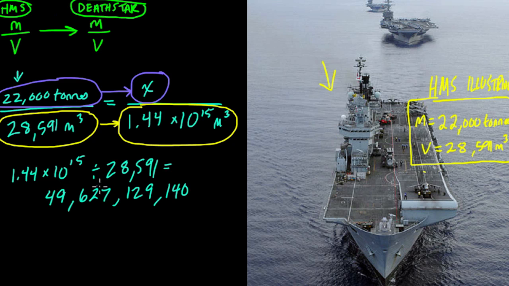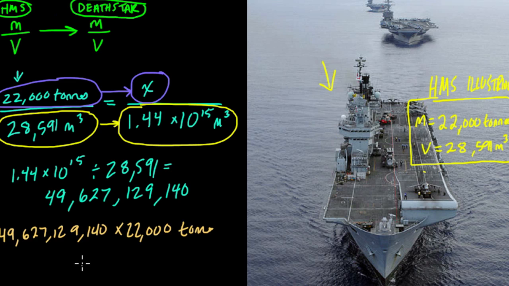So if we have about 50 billion ships, and each of them weighs 22,000 tons, and that's about what the Death Star is, it's just a matter of multiplying to make the final calculation here. So we're going to multiply 49,627,129,140 times 22,000, right? And that's in tons.